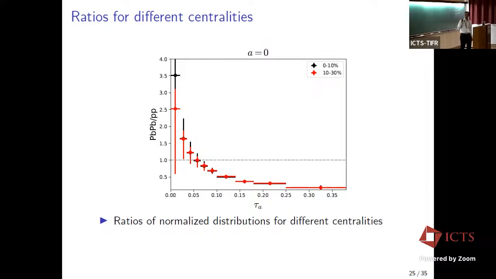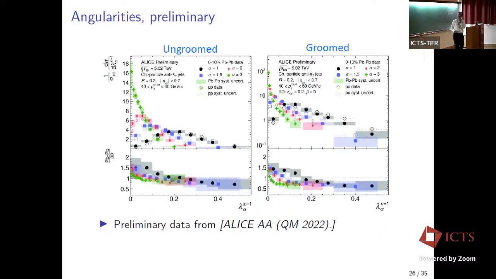It would be interesting if ALICE can observe data for the second bin that we have here. Okay, so actually there is data, but the groomed observables we have not studied, but all the calculations I've shown here so far are for ungroomed observables.